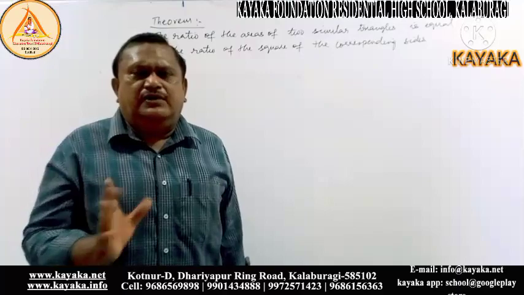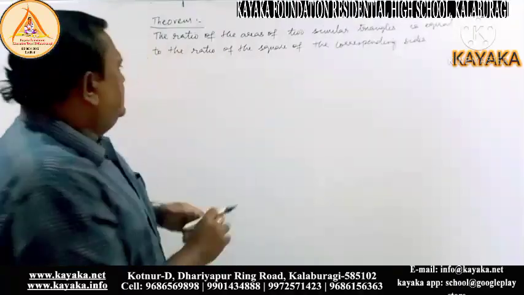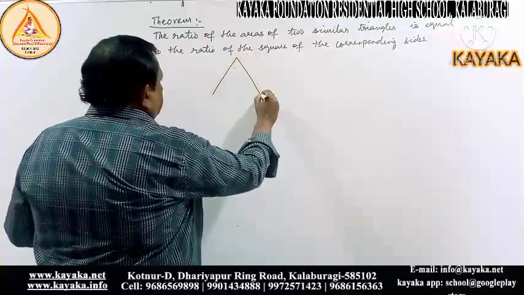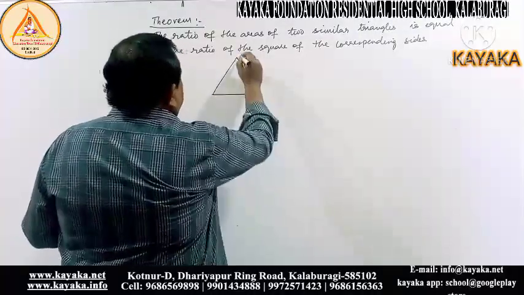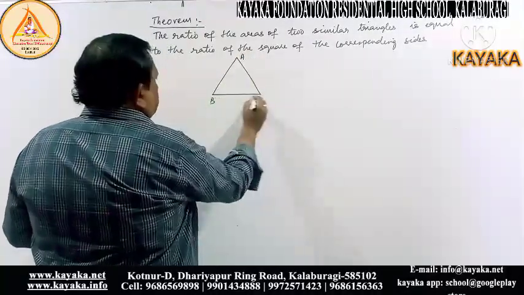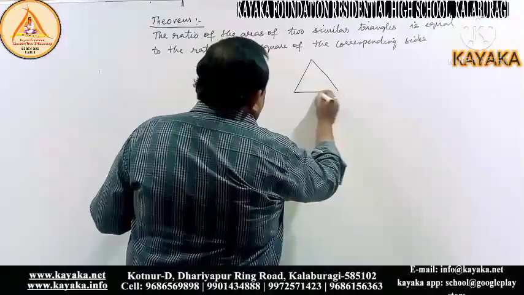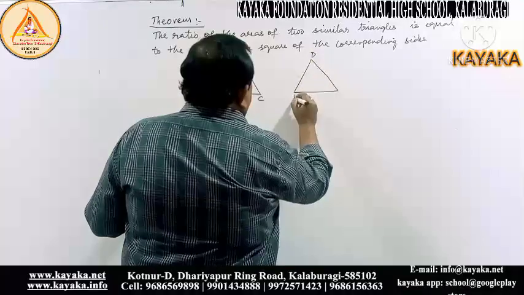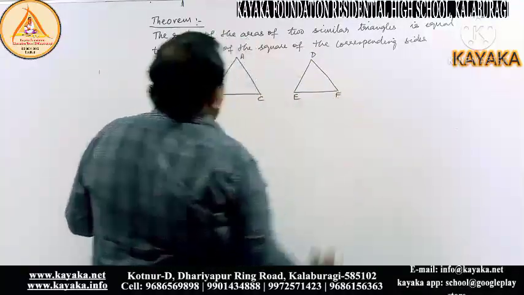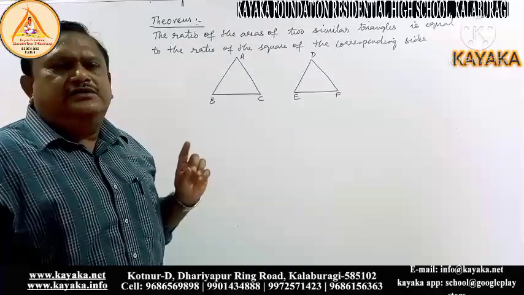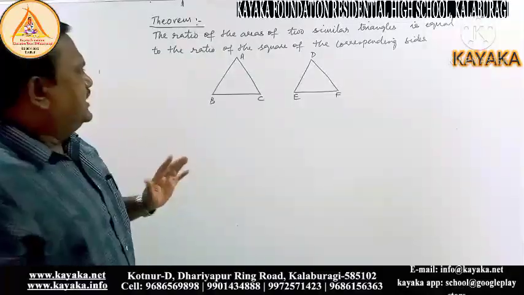Okay, dear children. Now I will draw the diagram and we will start the proof. Okay, ABC and DEF are the two similar triangles given.